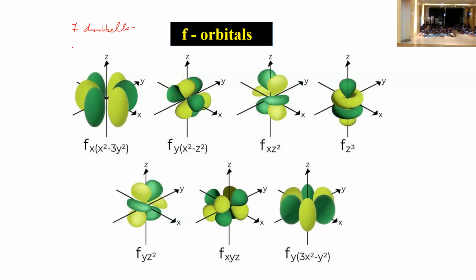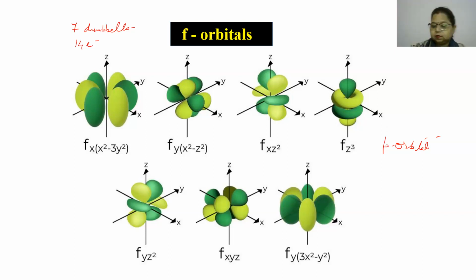And 7 dumbbells means it will have 14 electrons. So now, can somebody tell me how many electrons can be accommodated in p orbital? 6, ma'am. Correct. Okay.